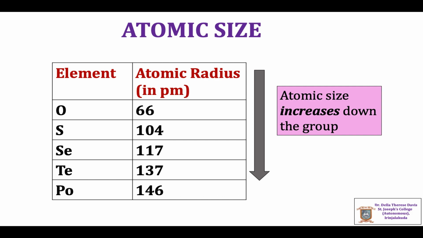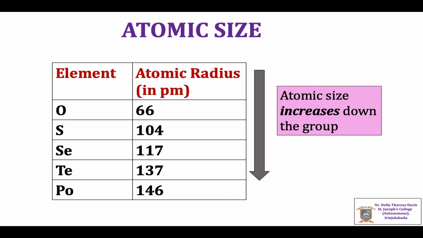Oxygen has an atomic radius of 66 picometer, sulfur 104, selenium 117, tellurium 137, polonium 146 picometer. If we observe the trend, there is a sharp increase from oxygen to sulfur, and the increase is not so pronounced as we move from sulfur to polonium.